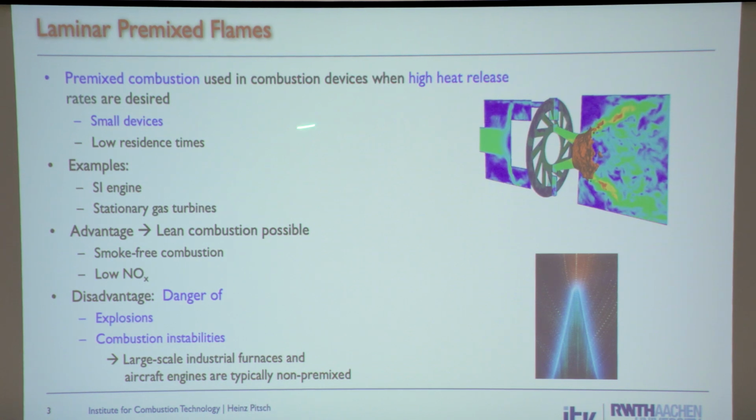Premixed combustion is used when you need high heat release. I showed you this yesterday. You get a lot more energy release, or heat release, per unit volume with premixed combustion. That's helpful when you have small devices and when you need a low residence time. But maybe that's not even the main reason to use premixed combustion.